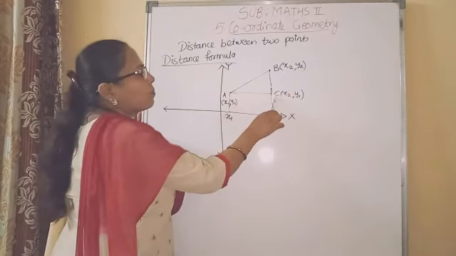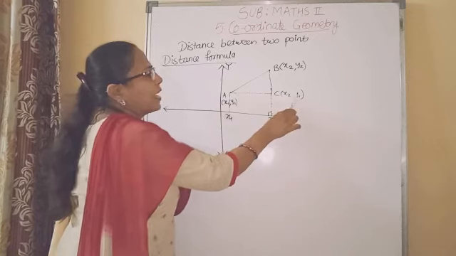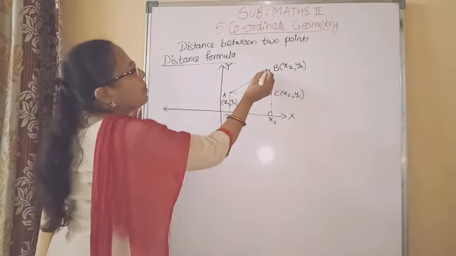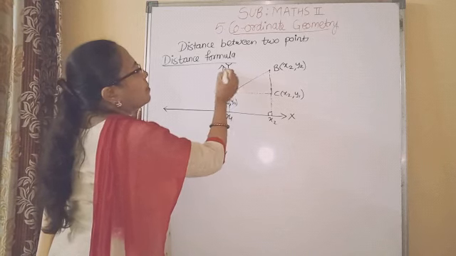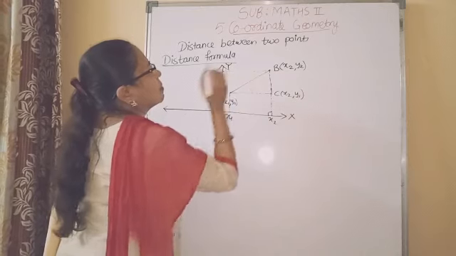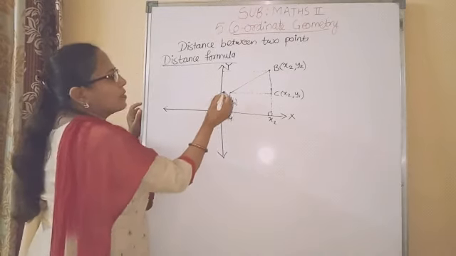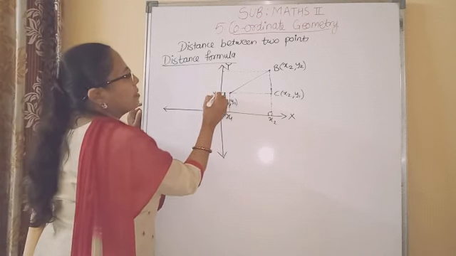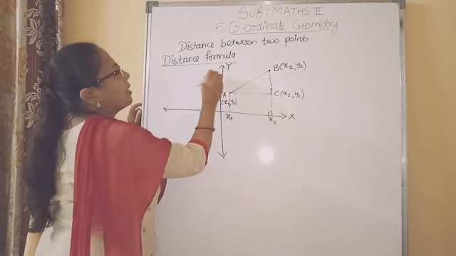So the coordinates of point C we will get x2 and y1. Now we will draw a perpendicular from point B to the y-axis, and from A to the y-axis. Here we will get y1 and here we will get y2.